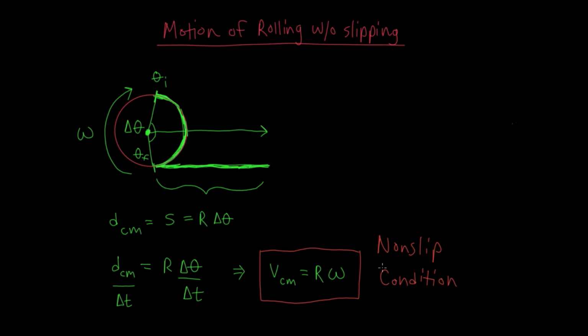If it's not satisfied, then the object will instead roll with slipping, or it will just translate forward. So now we're going to analyze a couple of different scenarios in which an object undergoes rolling with slipping and rolling without slipping and just pure translation.